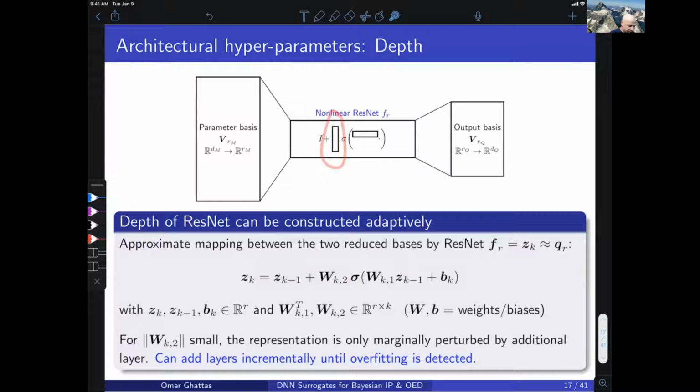This one is tall and thin. So the reduced weights. And the nice thing about ResNets, as many of you know, is we can add these things incrementally, layer by layer, until we reach an overfitting situation. So there's an adaptive construction, and that in our examples tends to do much better.